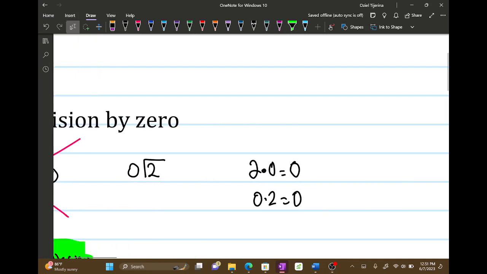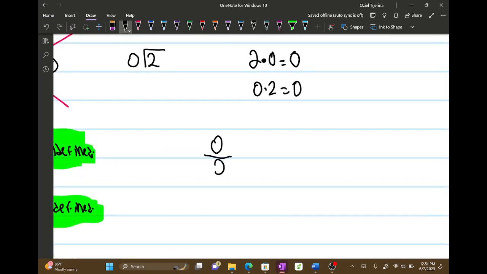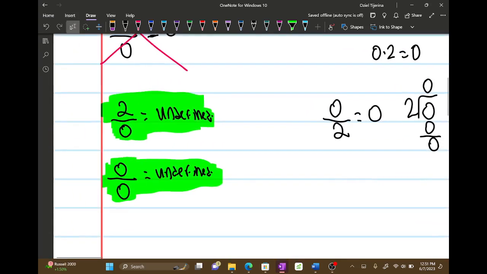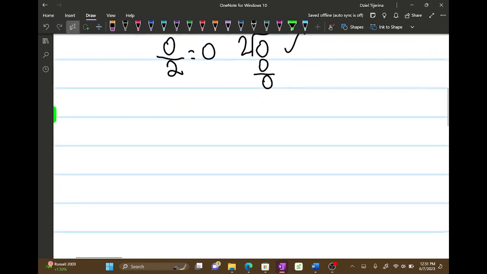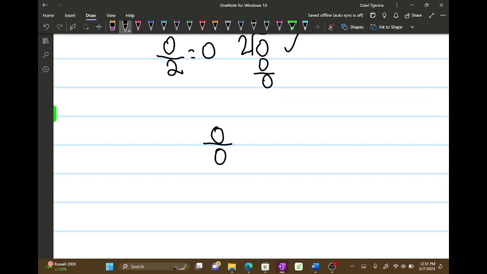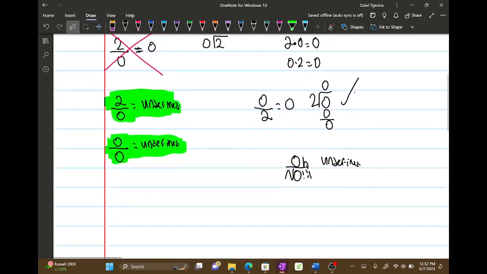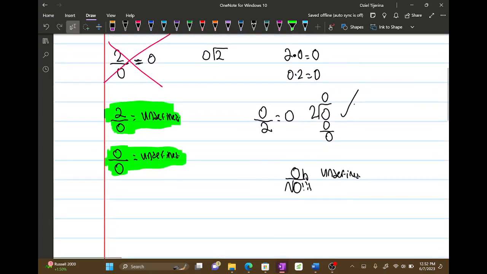However, 0 divided by 2 can work, because 2 times 0 is 0, and we're done. But we cannot have 0 in the denominator. When we have 0 over 0, we say it is undefined. A number on top and 0 on the bottom is also undefined. So just be very careful with that.